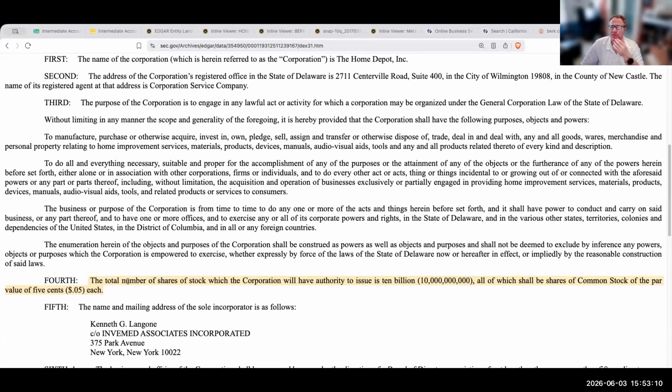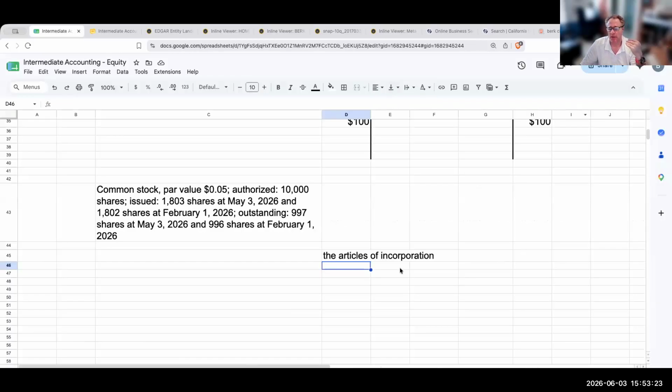But when the Home Depot started, I can probably say that the authorized shares were well less than 10 billion. No way in your right mind would you authorize that many shares when you're first starting out. You can always change that later.